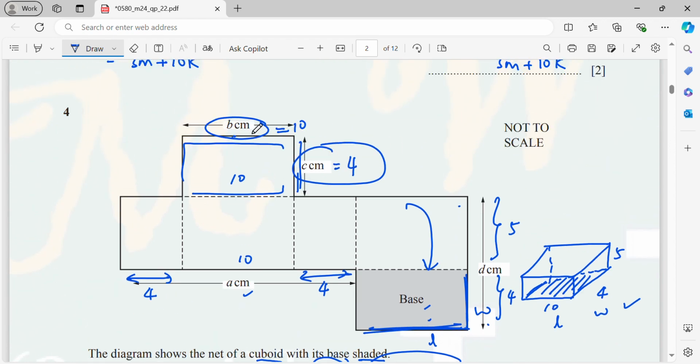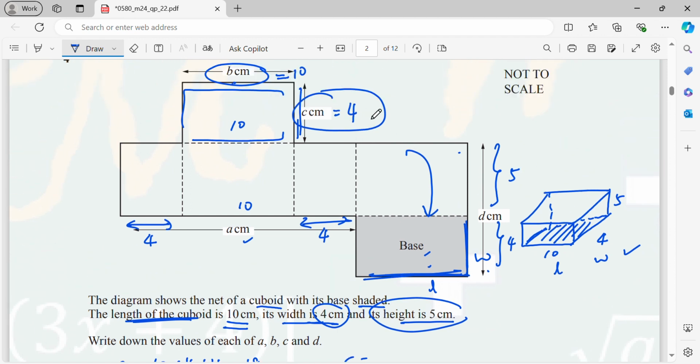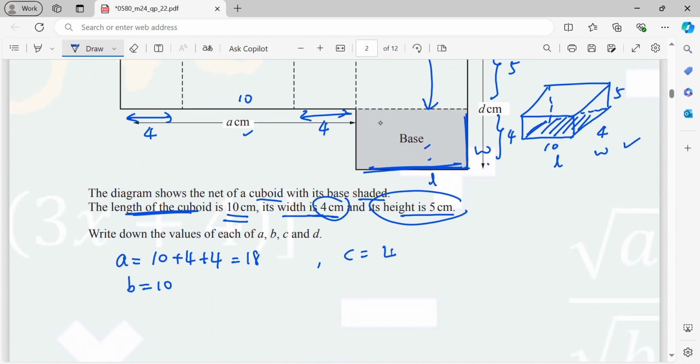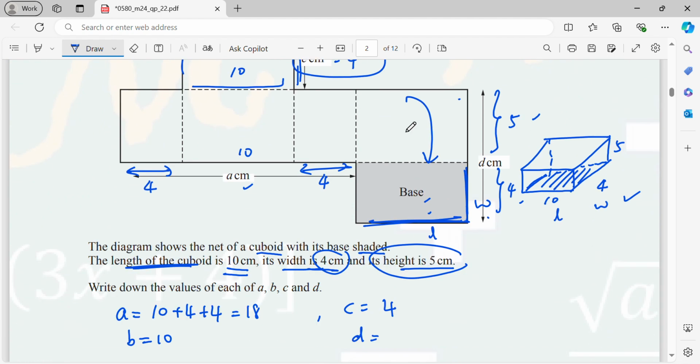My B is going to be 10 because that is the length. Then C is the width, which is 4. And D will be the height plus the width, so 5 plus 4, that is going to be 9.